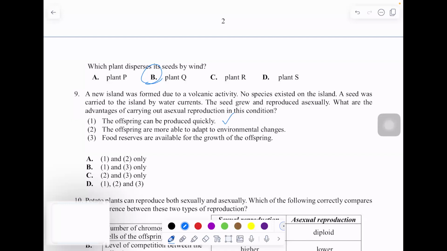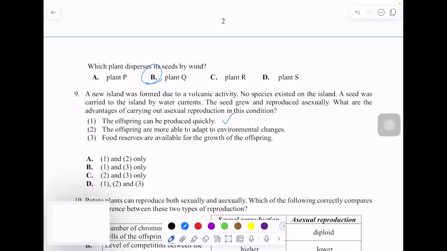So next, the offspring are more able to adapt to the environmental changes. This may not be a possible reason because, although it is definitely more adaptive to unfavorable conditions, sometimes the environment may not be that good.